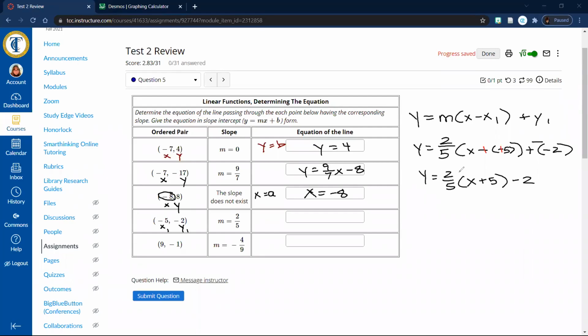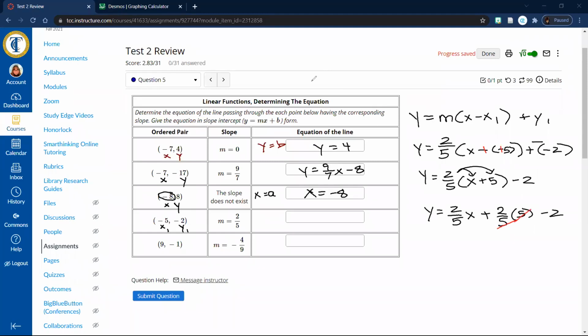Distribute. Yeah, absolutely. We're going to distribute that 2/5 to both terms, right? So y equals 2/5 x plus, and then you have 2/5 times your 5, minus 2. What happens to those 5s? Cancel.